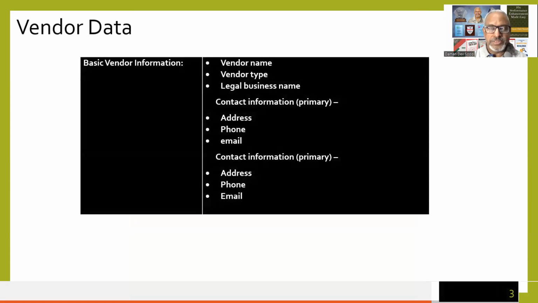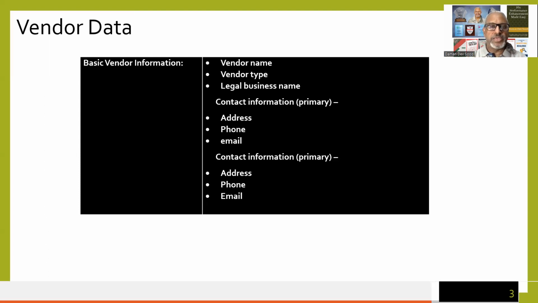Through my research, I came to see that there's a lot of data that needs to be collected about a vendor. This talk is going to be longer, so it will go into 2 or 3 parts. In Part 1 today, I'm only going to talk about the different types of data that we need to collect about one of our vendors.